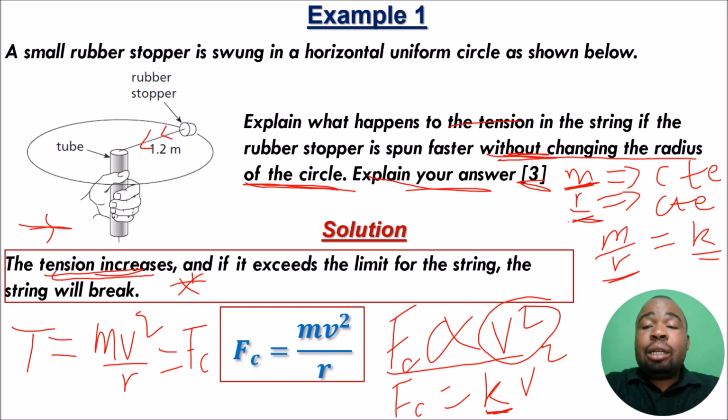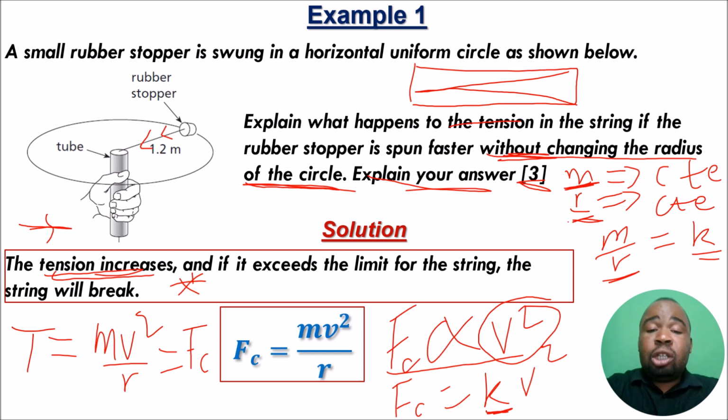What is directly proportional? What does this mean? As one is getting bigger, the other one is getting bigger. So when we're talking about direct proportionality, we're talking about something which looks like this. As the V is getting smaller, F is also responding in the same way.